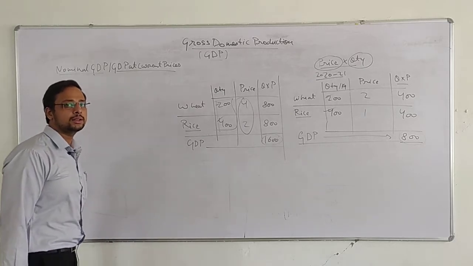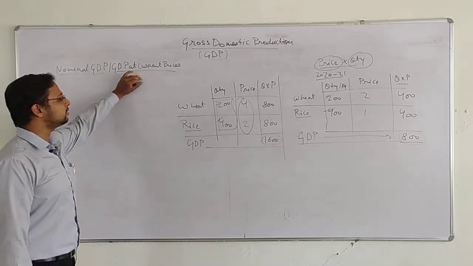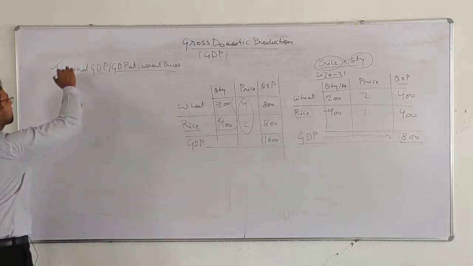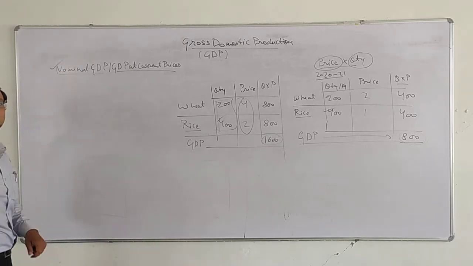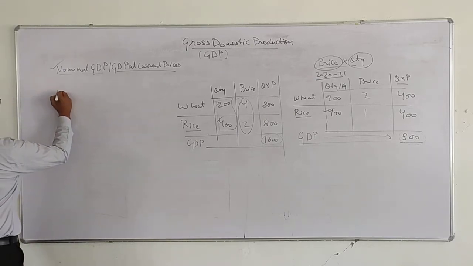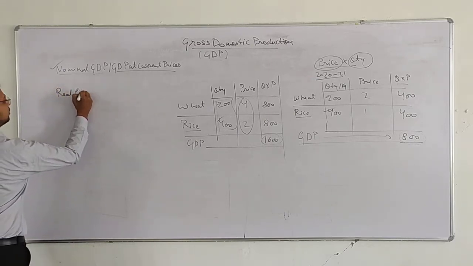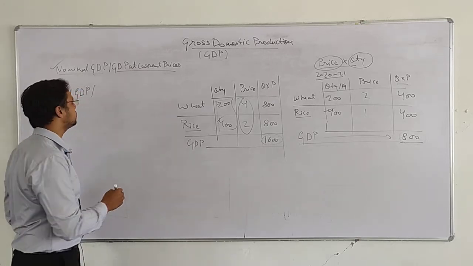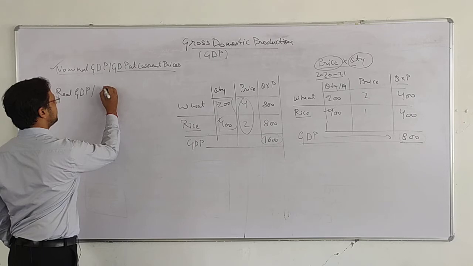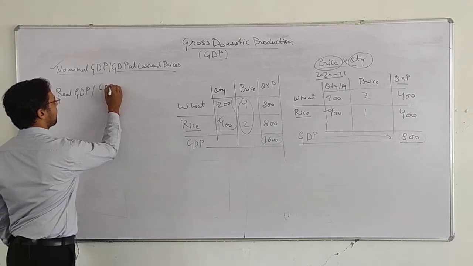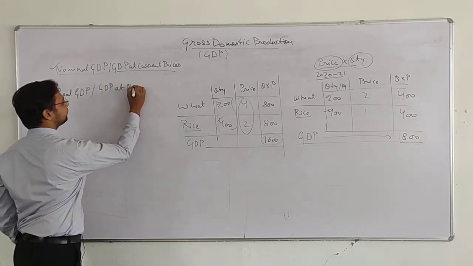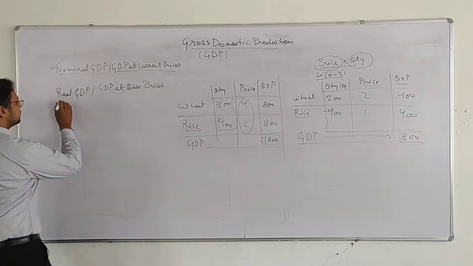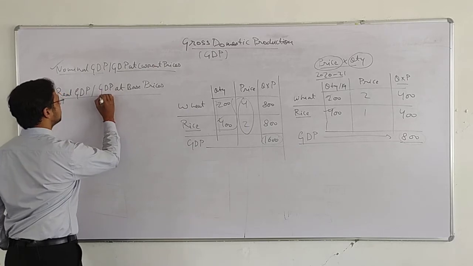So when we calculate the GDP at current prices, it is known as nominal GDP, and there is also a base price. Okay. There is also a base price which is a standard made by the Central Statistical Organization, and it is known as GDP at base prices. Now let us discuss what we mean by GDP at base prices.